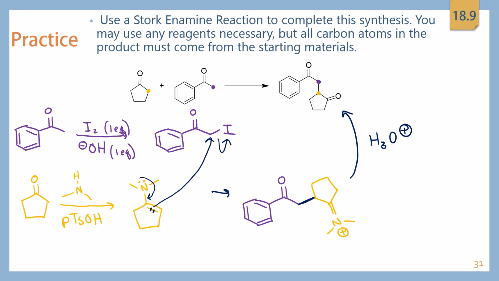So that's all you'd have to do for this. And honestly, you could have done it either way. You could have halogenated the alpha carbon on the cyclopentanone and then made an enamine out of acetophenone. Either way would work in this situation, not always.